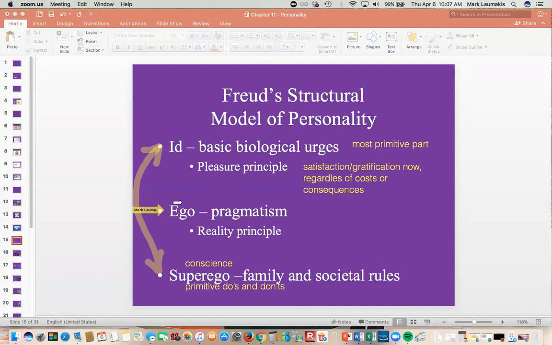And the reality principle basically is aimed at how can I meet the impulses of the id in the context of the real world and its real demands.